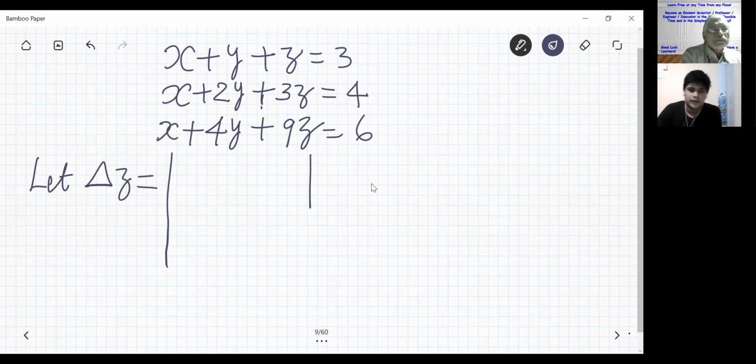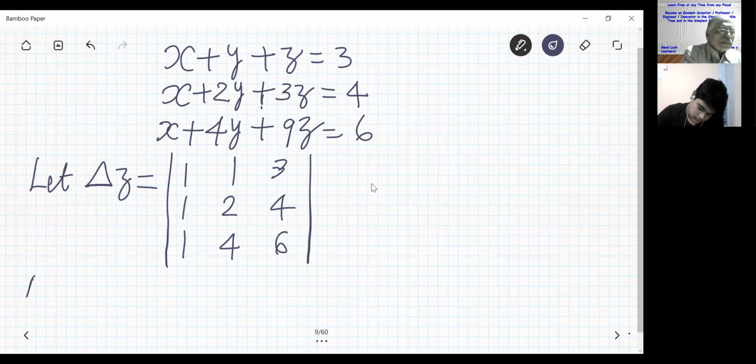Delta z. We'll take the first x column, all x column and y column will be the original. And in z column we will take 3, 4, 6. So 1, 1, 1, 1, 2, 4, 3, 4, 6.